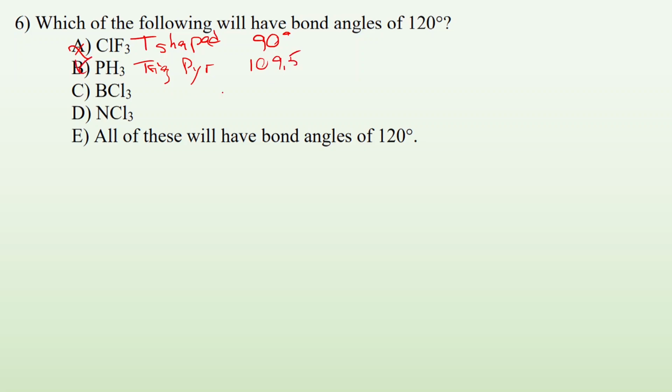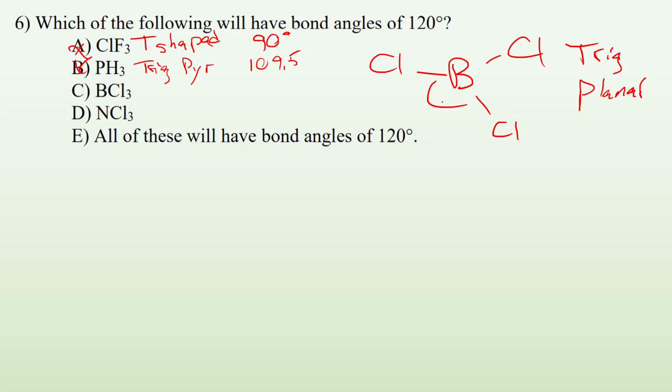So not that one. BCl3. Well, if we do BCl3, boron is one of those exceptions to the octet. It's going to be trigonal planar, which means it will have bond angles of 120 degrees. So BCl3 is looking pretty good. NCl3 is going to be just like PH3, trigonal pyramidal, 109.5 degrees. So option C.